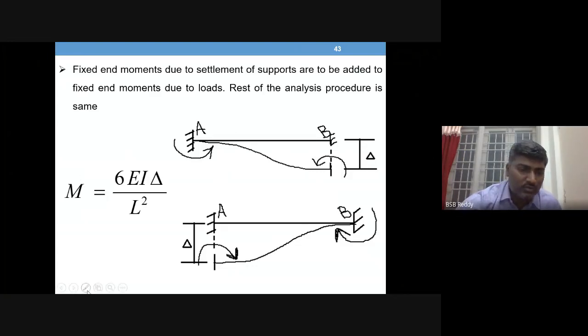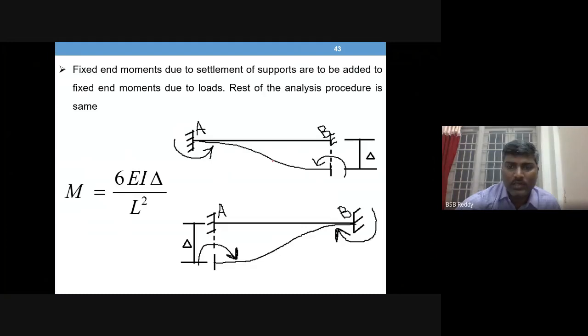So let us consider a beam AB where end A and end B are fixed. So you take a fixed beam.